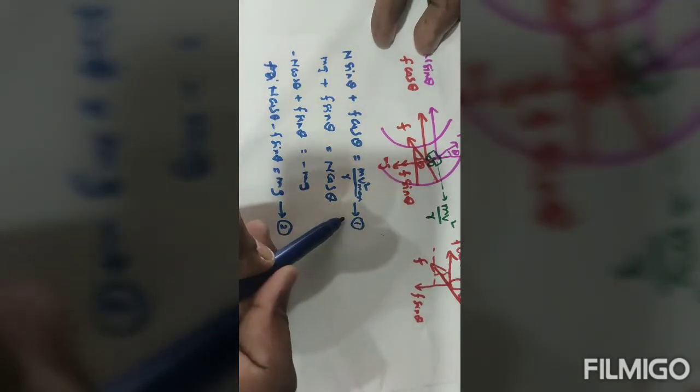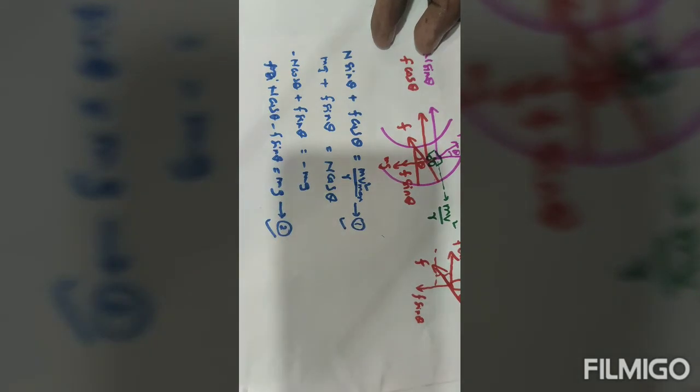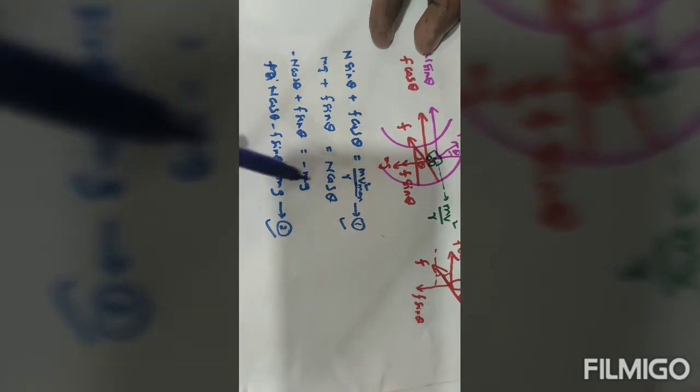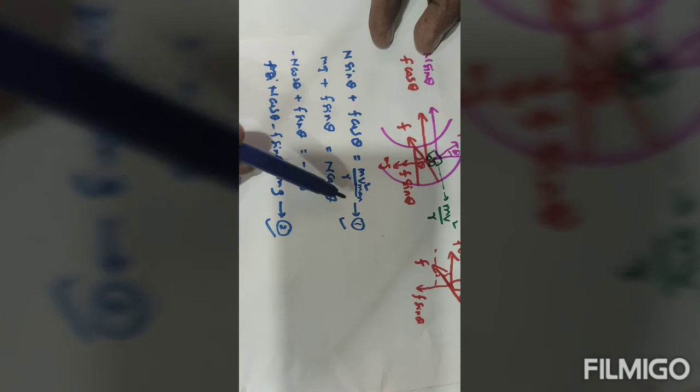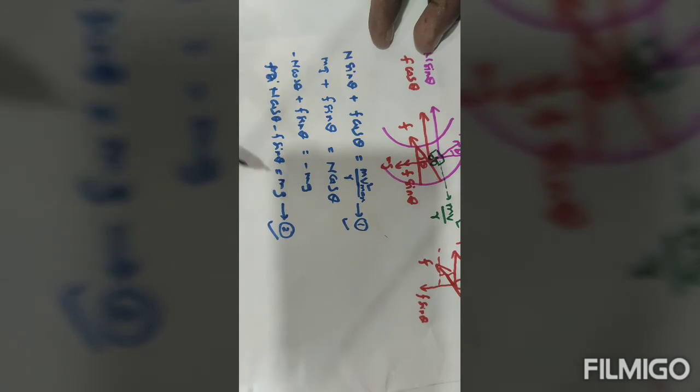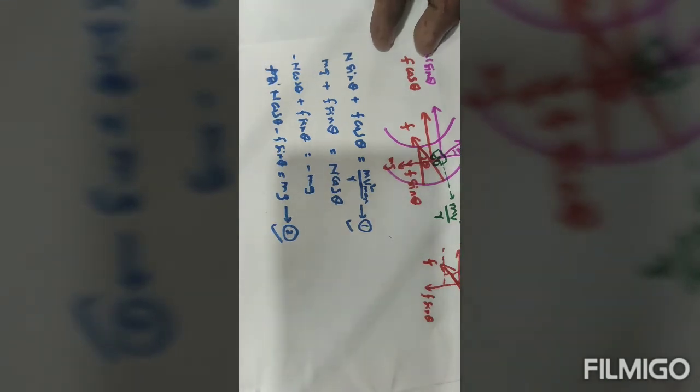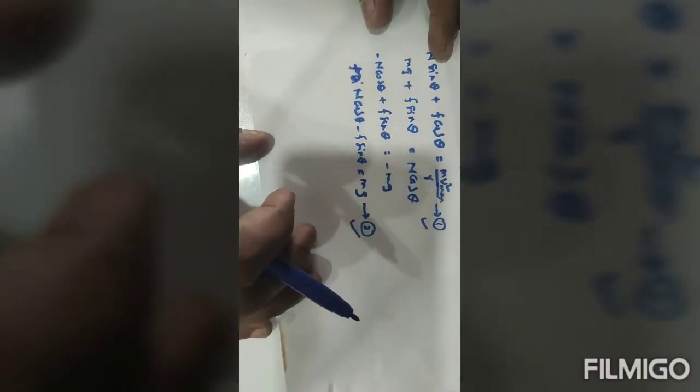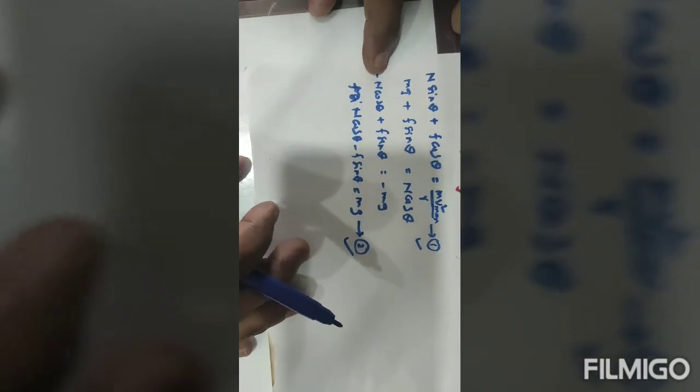Please listen carefully, equation number 1 and 2. One is centripetal force based, and the other is the weight based. Now the next step is easy: equation 1 divided by equation number 2. I can divide these two equations now.